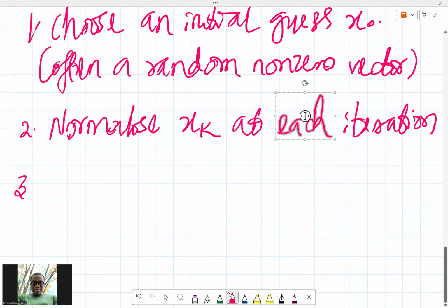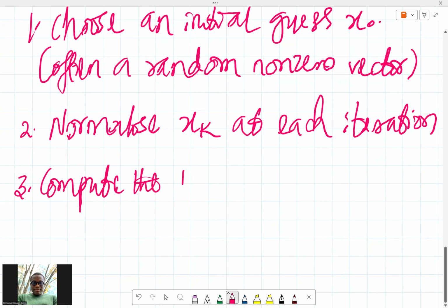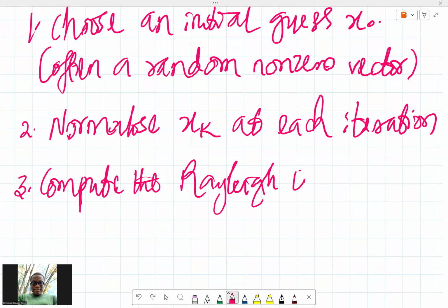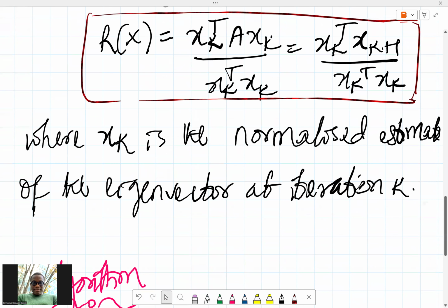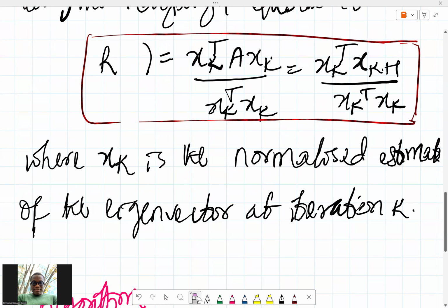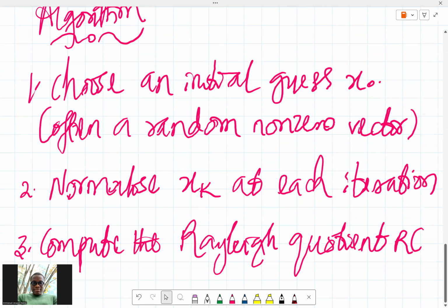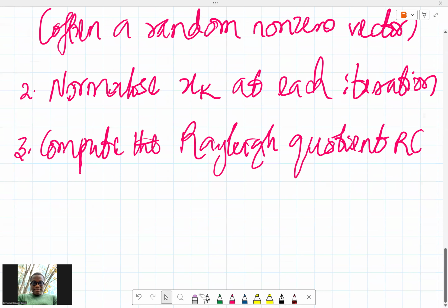Then three, compute the Rayleigh quotient, which I'll call R_k. Compute the Rayleigh quotient R_k.